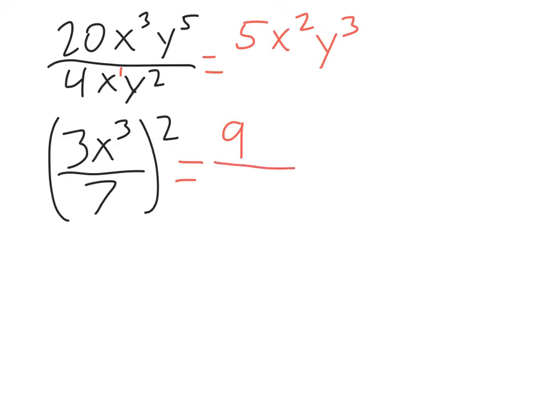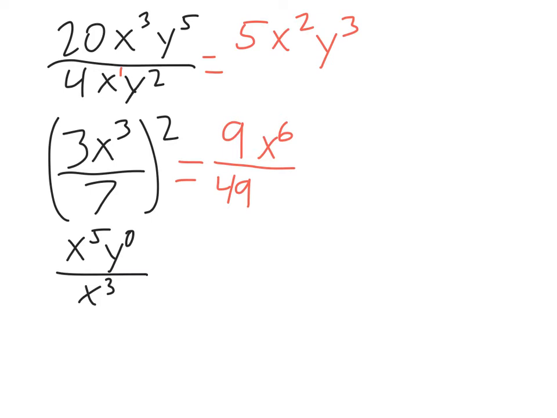Seven squared is 49. And then x cubed squared, that's where you multiply the exponents. So 3 times 2 is 6. So x to the 6th. And these numbers can't reduce at all, so leave them just like they are.